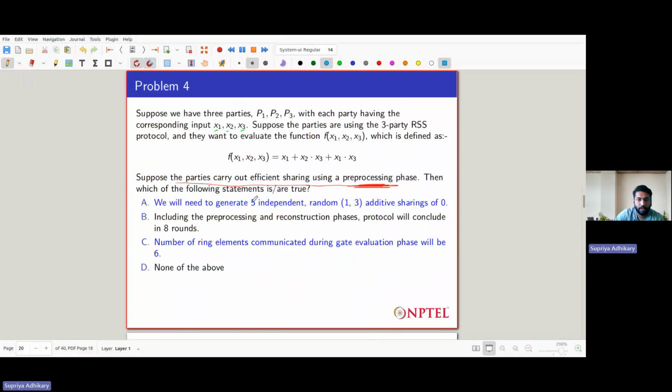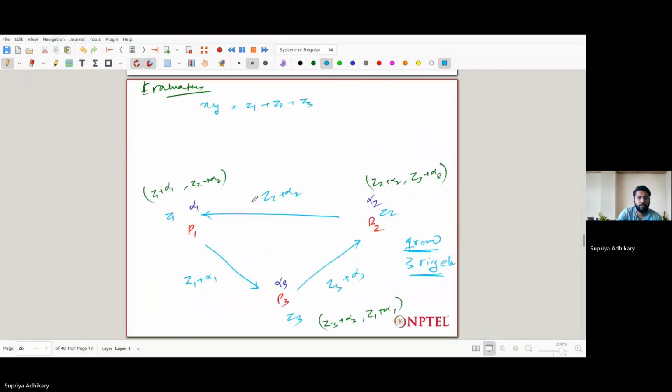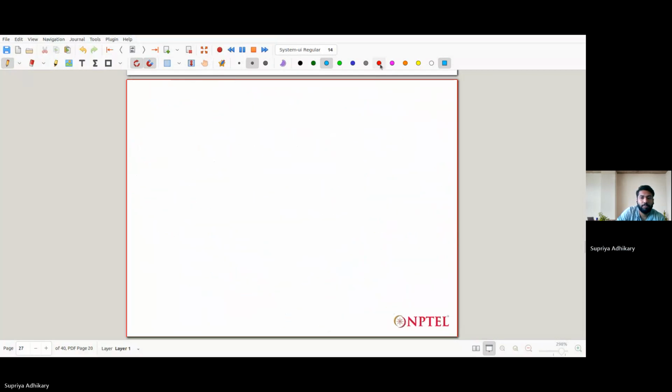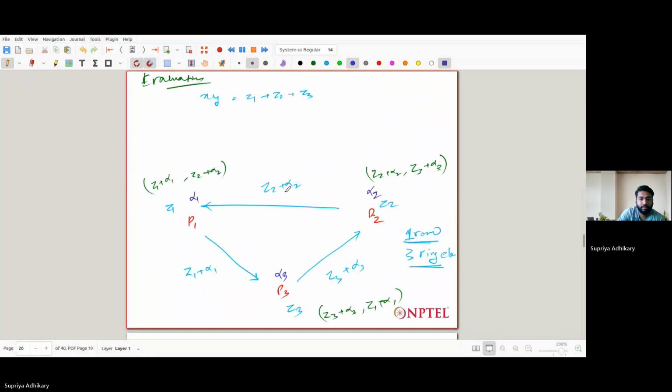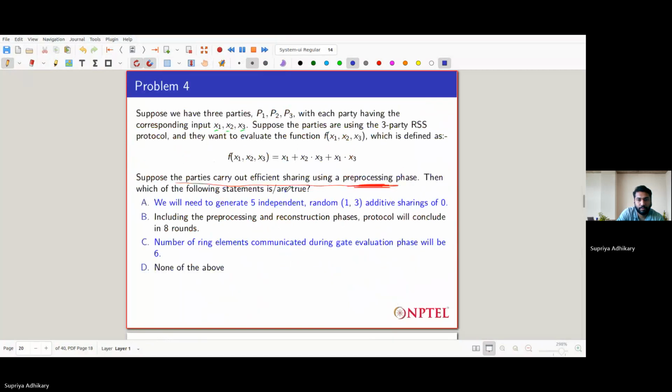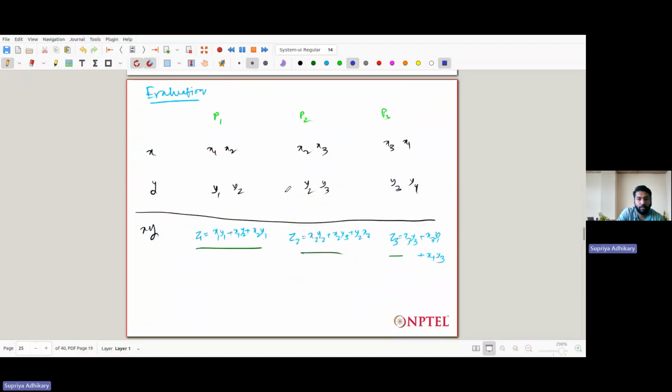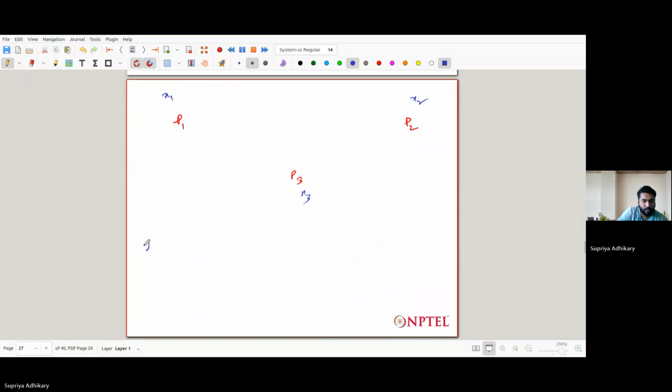So now let's go back to the question. In the question, we have P1, P2, P3, and they have their secrets X1, X2, and X3, right? And they want to compute the function, sorry, not fx.